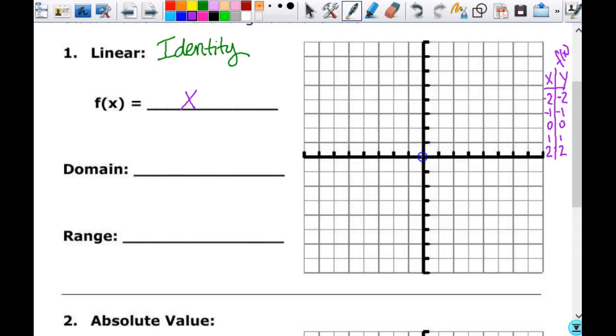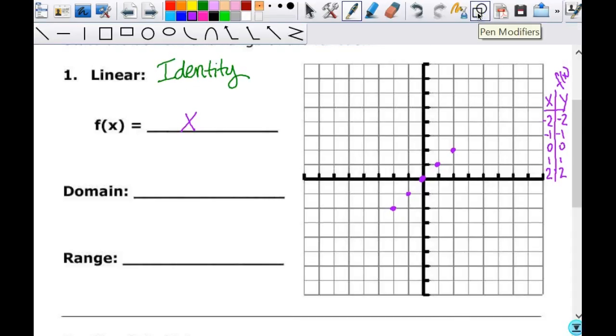So let's plot some points. 0, 0, 1, 1, 2, 2. -1, -1, and -2, -2. And then use a straight edge because you want these to look decent. Your ID should be around your neck, so you can just plop that up on the table and it works beautifully.